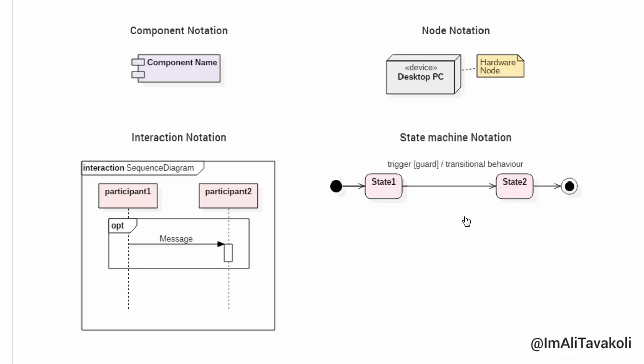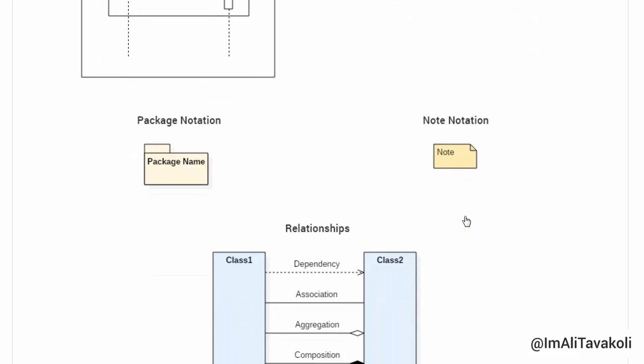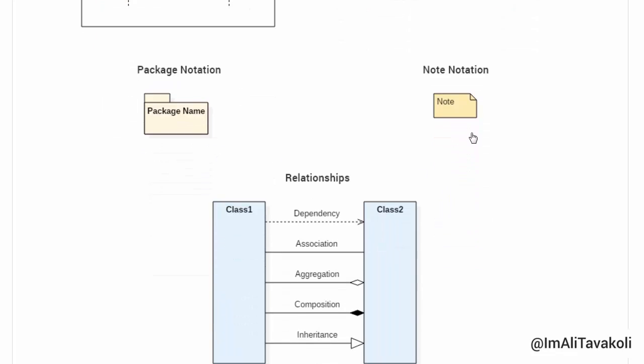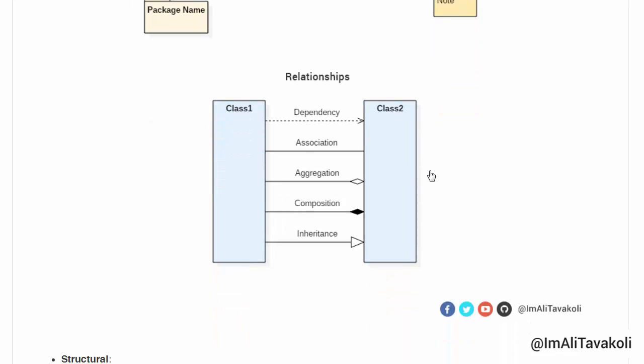State machine notations, which show us how and why a state will be changed to another. We show it like that. Package notation like that. Note notation, and relationships from weaker to the most powerful one: dependency, association, aggregation, composition, and inheritance.